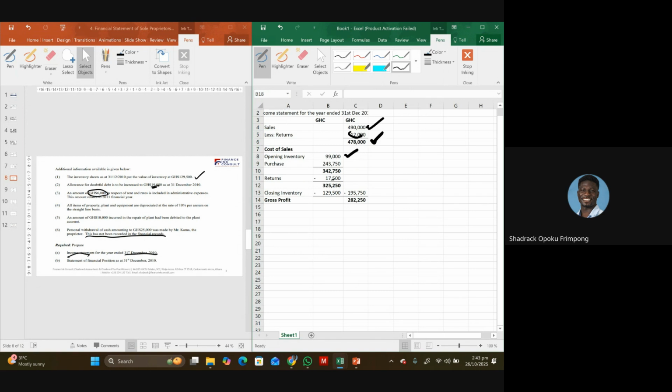Then we were told that we returned some of the goods we purchased, worth 11,000, so we have to deduct this from the purchases. That gave us a total of 325,000. Now, we are told that at the end of the year, we had goods worth 129,000. So we deduct this 129,000 to come up with the cost of the goods that we have sold to generate this revenue.